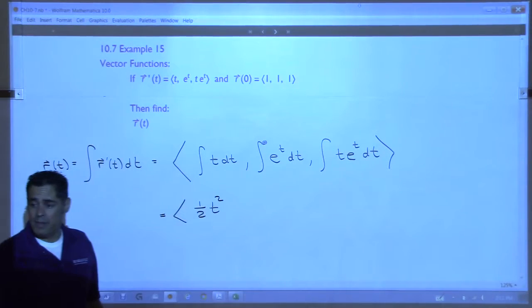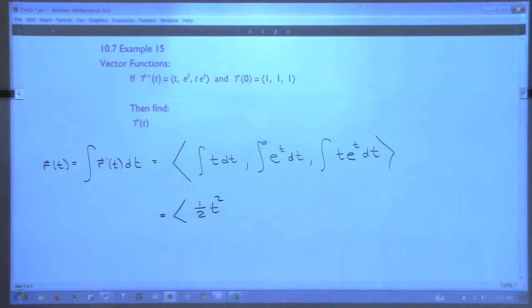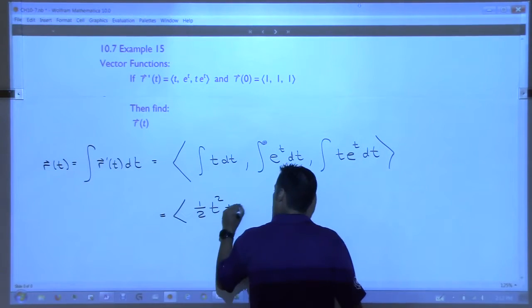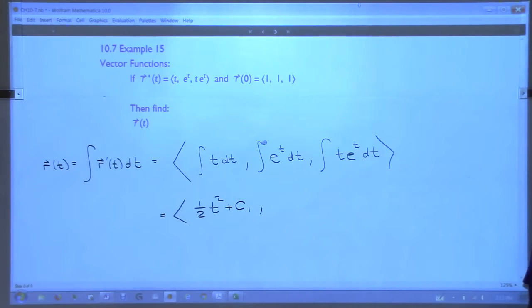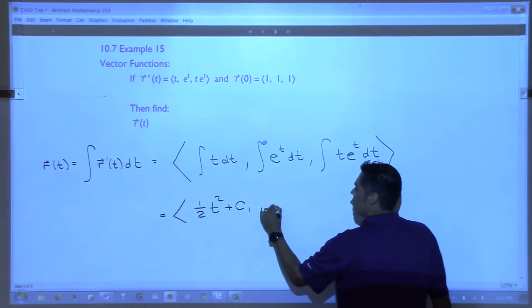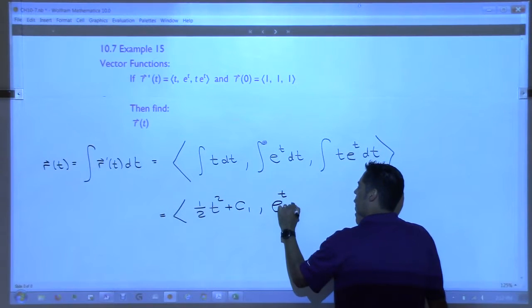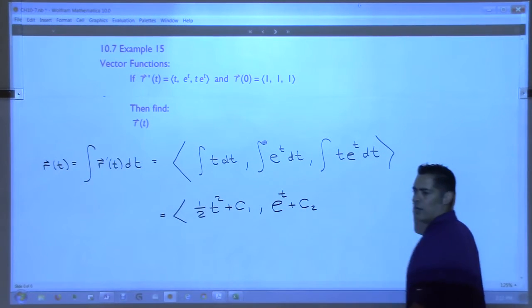Plus some constant of integration. But I'm going to have a constant for each of these, so I'm going to call this plus c1. And then the next one, the antiderivative of e to the t is itself, but that's going to have its own constant of integration.